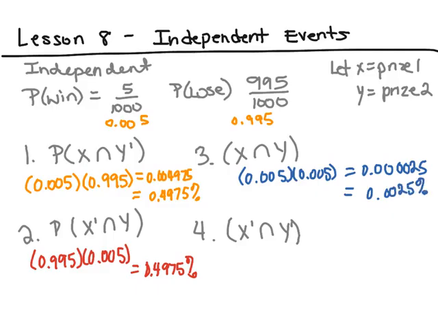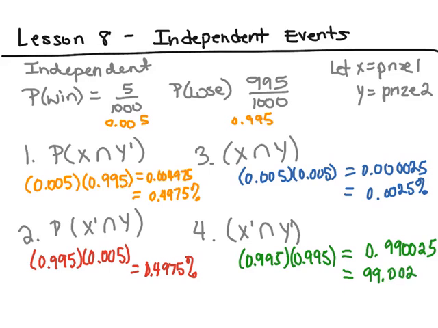So you don't have very much chance of winning that. But to lose both of them, you have 0.995 times 0.995, which is 0.990025, which is 99.0025%. So you have a 99% chance of losing.